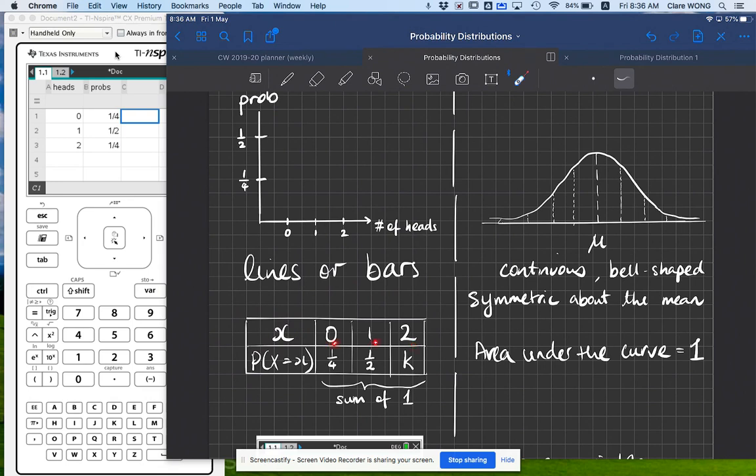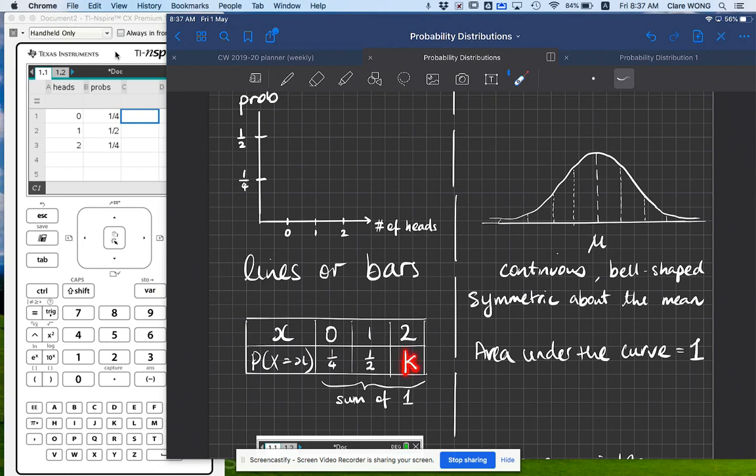So 0, 1, 2. The probability of x equal to 0 would be 1/4. The probability of x taking on the value of 1 is half.